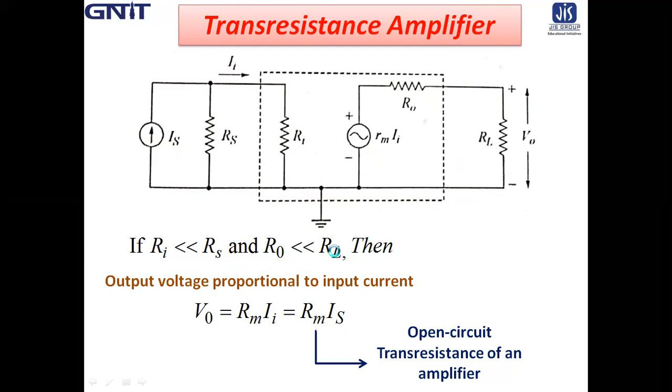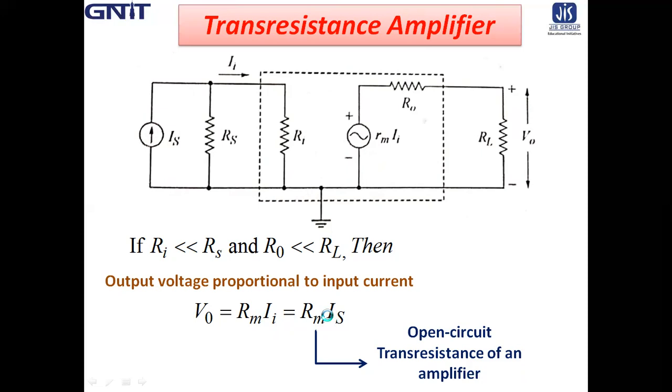Such an amplifier is called a transresistance amplifier, and the output voltage is given by V0 equal to Rm into Ii, which is Rm into Is, where Rm is called the open circuit transresistance of an amplifier, which is denoted as Rm equal to V0 by Is.